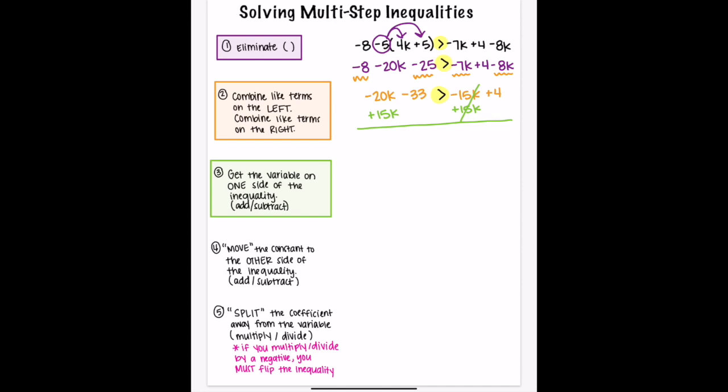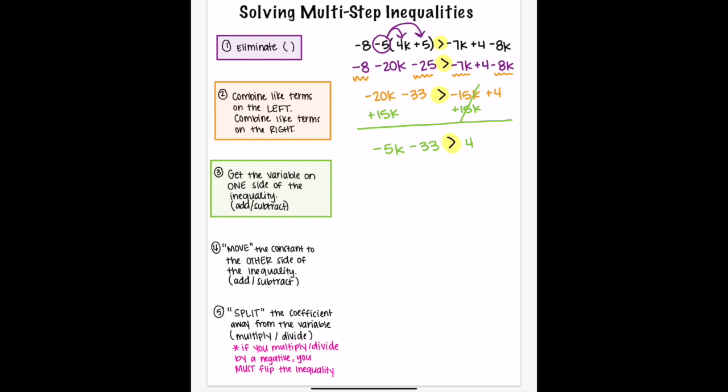All right, and now we simplify. -20k plus 15k is going to end up as a -5k. Bring down the -33, bring down the inequality symbol, and bring down the 4 that remains on the right side. Okay, now we have our k in just one location, so that's great. But we want to make sure that our constants are all on the same side.